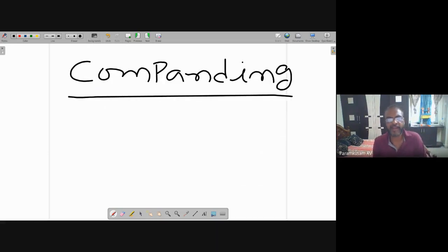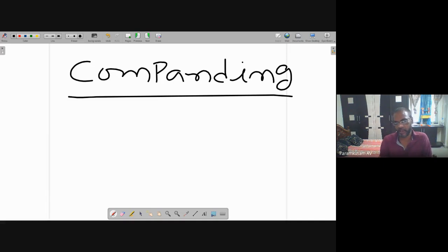So what is companding? Companding is a technique, a method, a procedure which achieves the non-uniform quantization process. Companding means compression plus expansion.